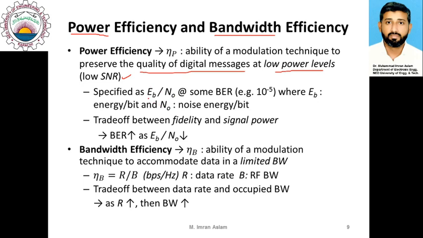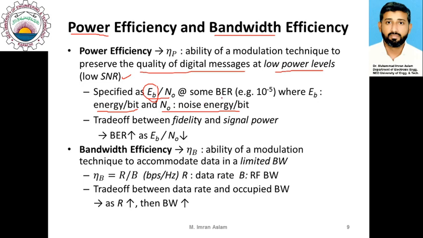This Eb/N0 is actually representing the bit energy. Eb is the bit energy and N0 is the noise energy per bit. Because in digital systems we generally work in terms of energies instead of power, typically SNR is replaced by Eb/N0. So even if we have a smaller Eb value, the modulation scheme should have sufficiently good BER performance.